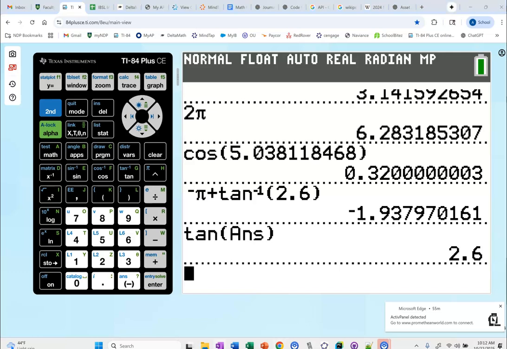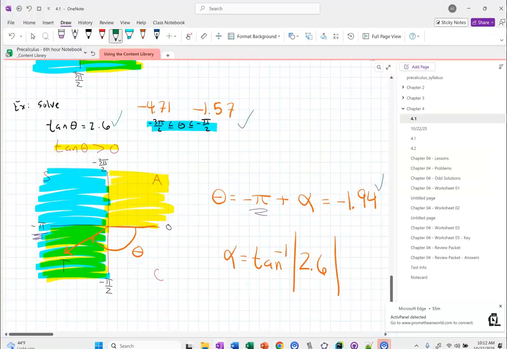Nick? So if the answer we found, for example -1.94, wasn't in between the two numbers we have in the problem, would we have to do the coterminal? Well, not necessarily. You should never have to do the coterminal thing for these problems.